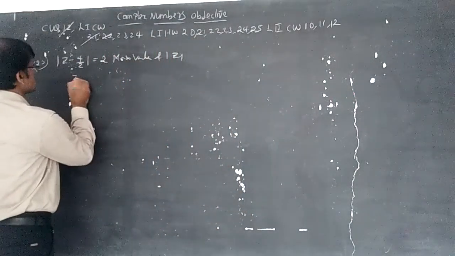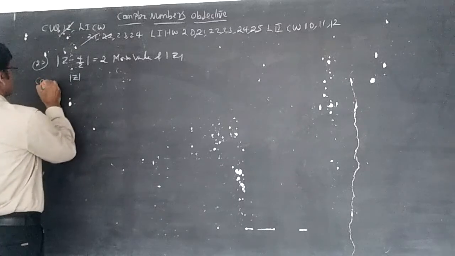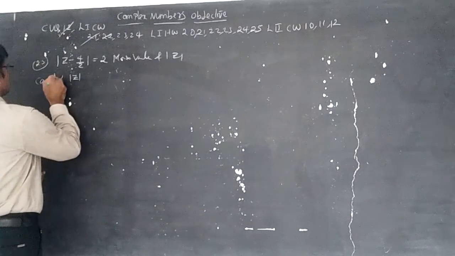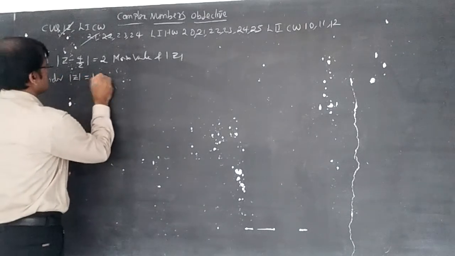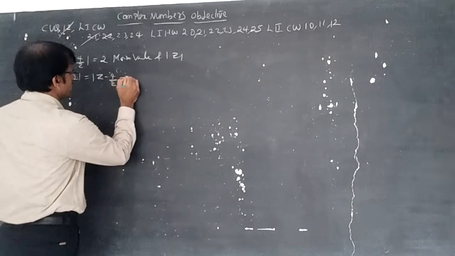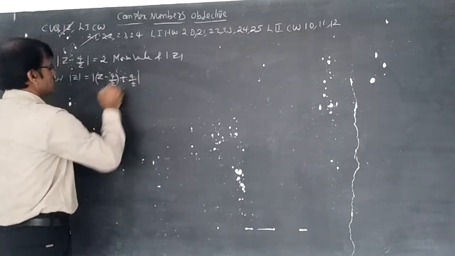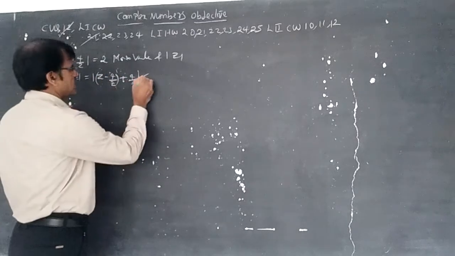Modulus of z minus 4 by z. Now I am writing, consider modulus of z is equal to modulus of z minus 4 by z plus 4 by z. So what happened? Simply added and subtracted 4 by z.